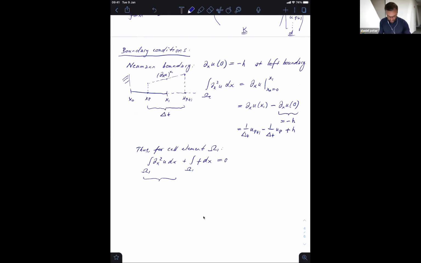So the diffusion term here, we have this 1 over delta plus up plus 1 minus 1 over delta plus up plus h. And the force term is just the value fp equal to 0.